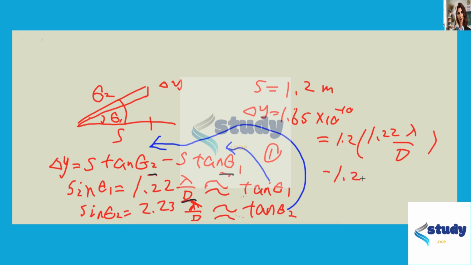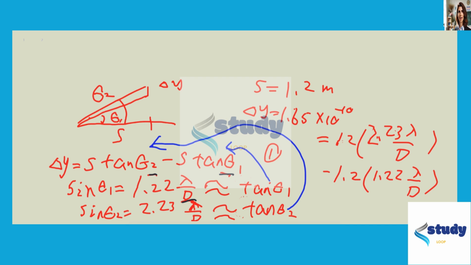I'm sorry, I got it wrong: there should be 2.23 for theta 2, and 1.22 is the term for theta 1. Now it looks much easier for calculation.